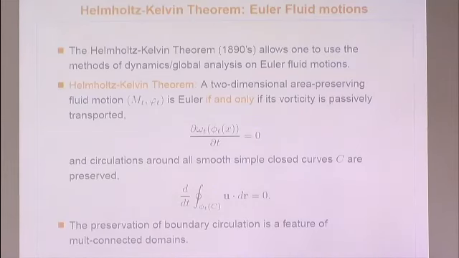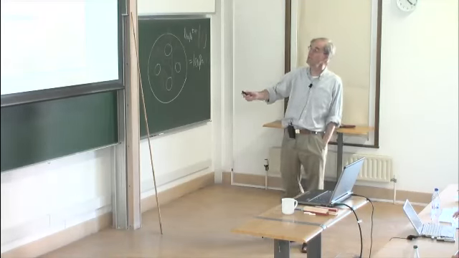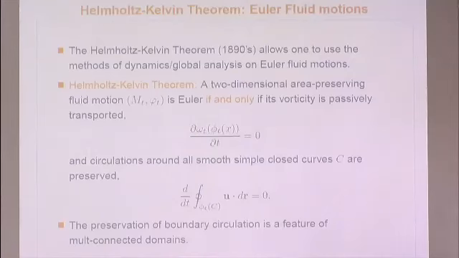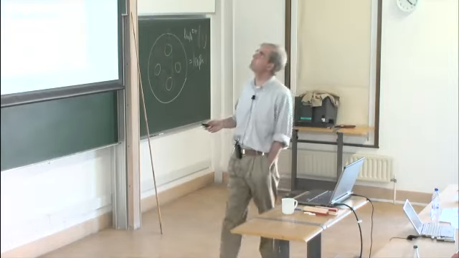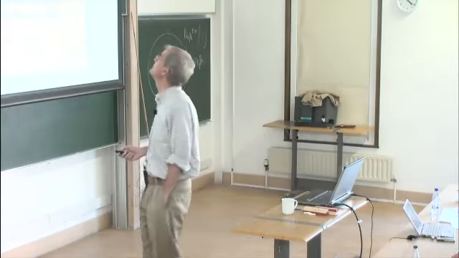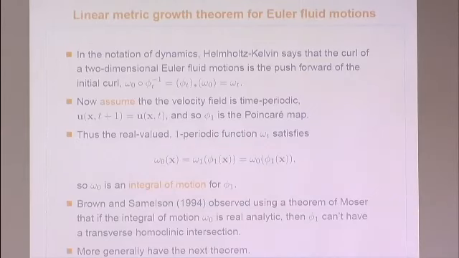And as I mentioned before, for our applications and for, of course, much of two-dimensional fluid, the important tool is to work with the vorticity, and it's transported passively exactly when it's in Euler fluid motion, and we have to watch out for circulations around the boundary. Okay, so I'm going to first give you a theorem, a theorem now about linear growth.